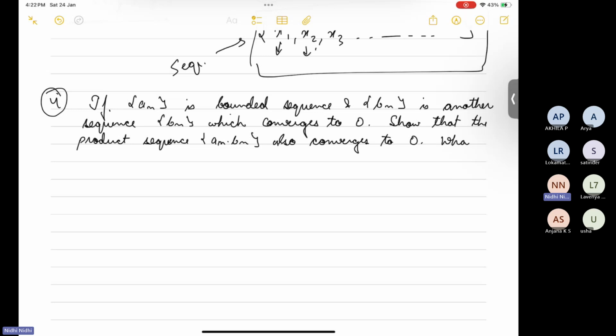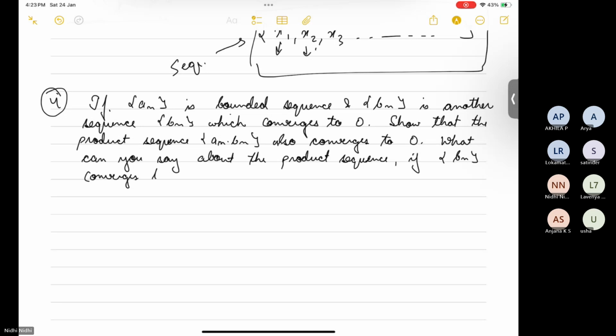And what can we say about the product sequence if bn converges to some non-zero point?